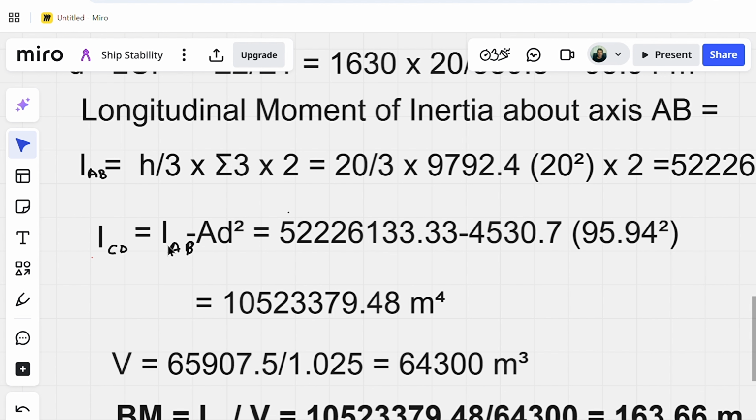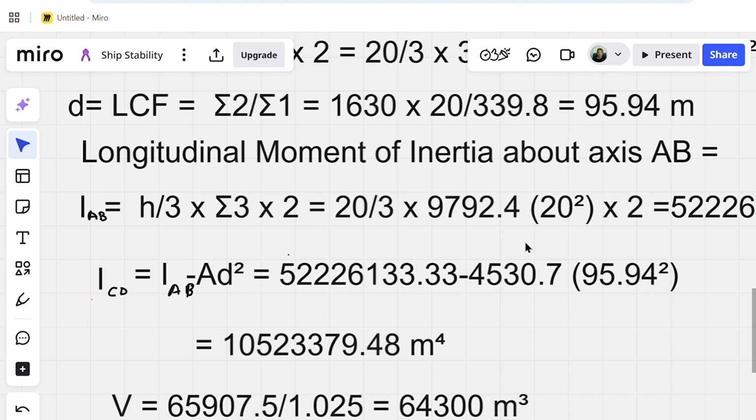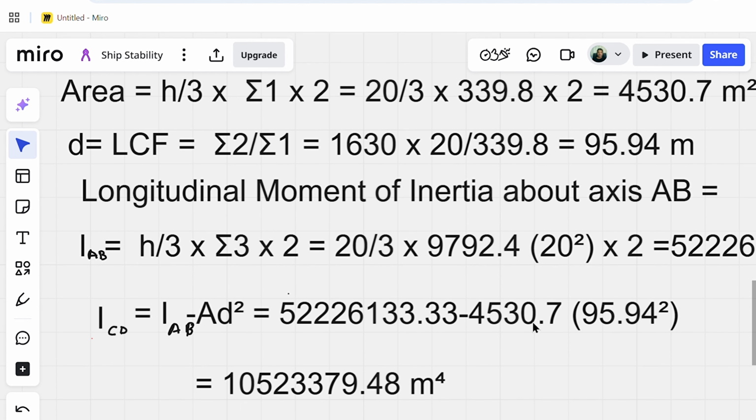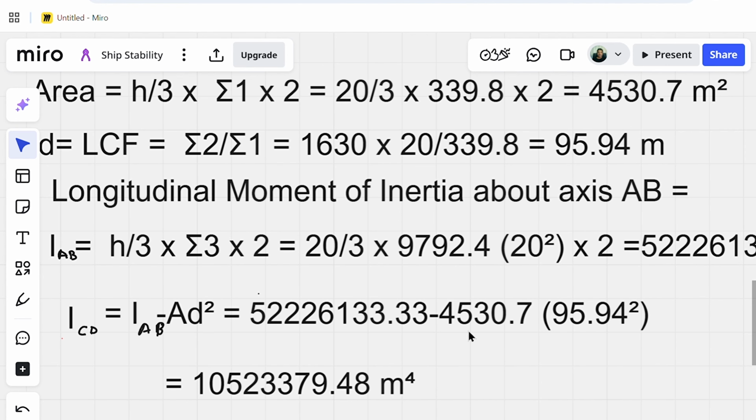So moment of inertia about axis AB minus AD square, where A is the area of the water plane and D square is the distance between the two parallel axes. So moment of inertia about axis AB I have already here on top, 5,222,6133.33, minus total area 4530.7, and D square, the distance between the two axes, is 95.94 squared.